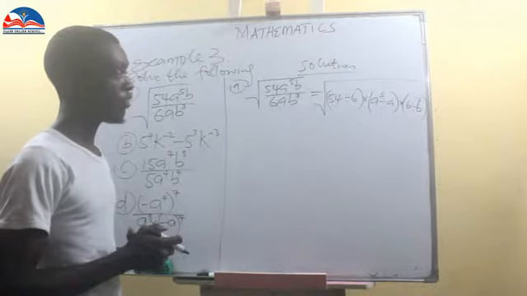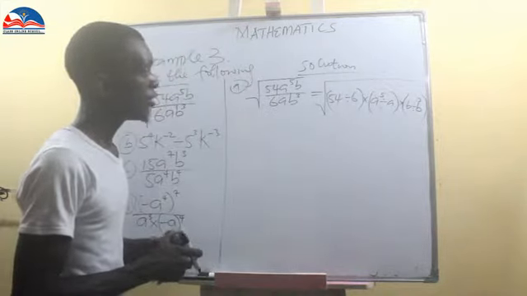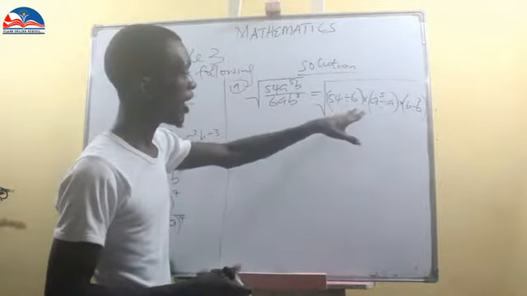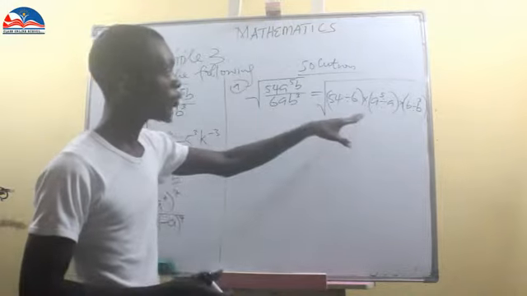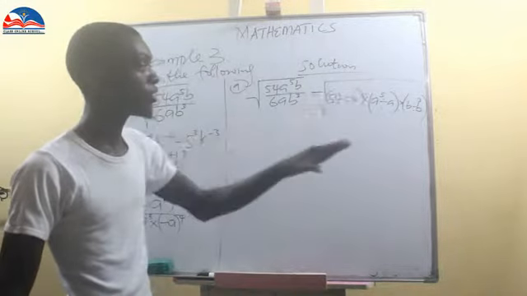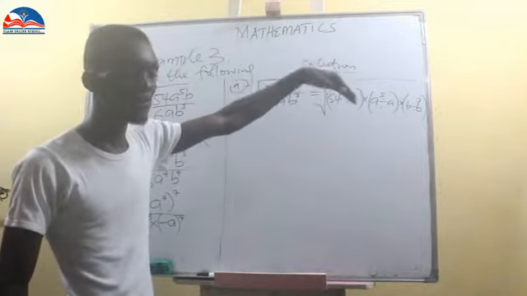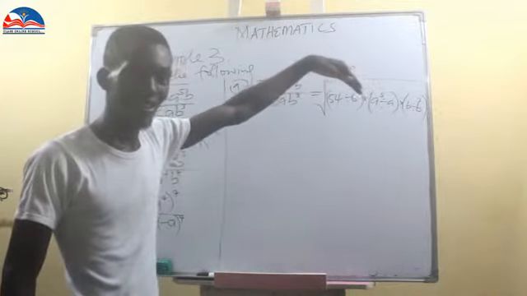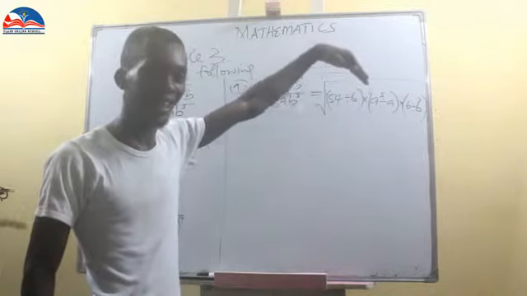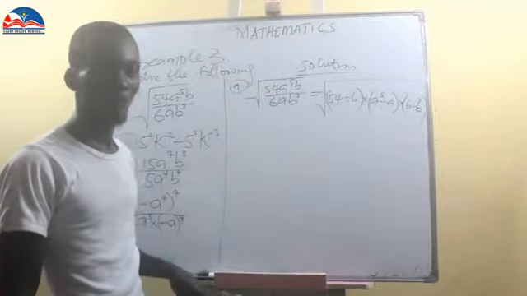The law of division says that if two equal or same dividing bases are indexed, you should subtract the two indices.